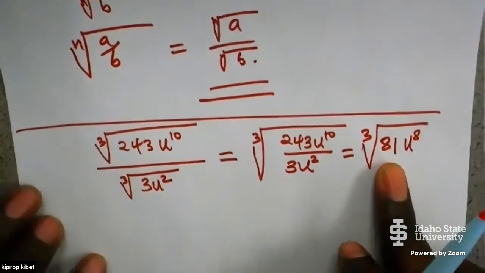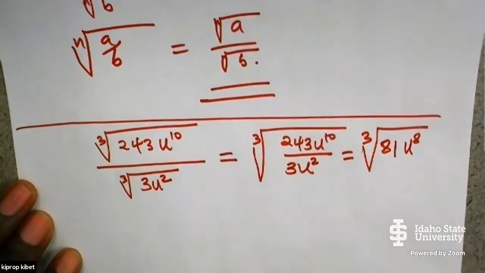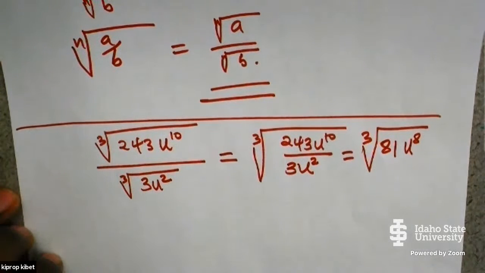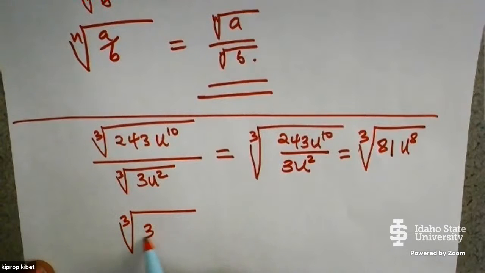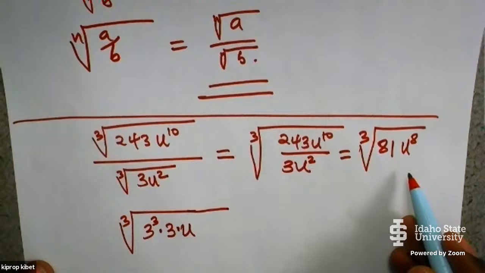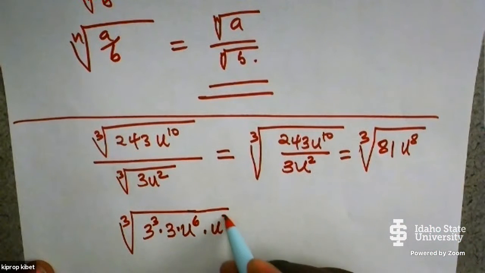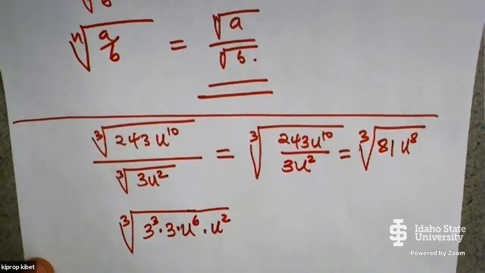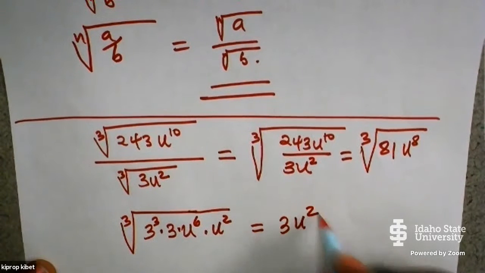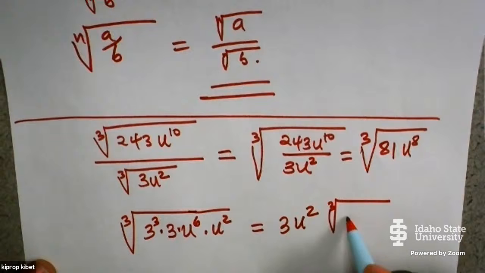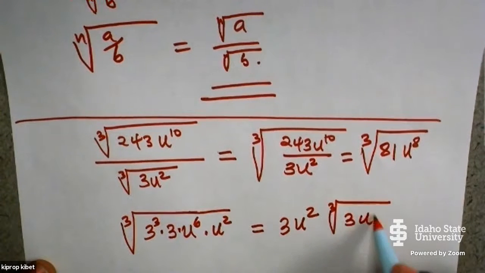Now factoring this 81, that 81 is 3 raised to 4. So which can be written as the cube root of 3 cubed times 3, times u raised to 6 times u squared. And then finally, this is equal to 3 u squared times the cube root of 3 u squared.